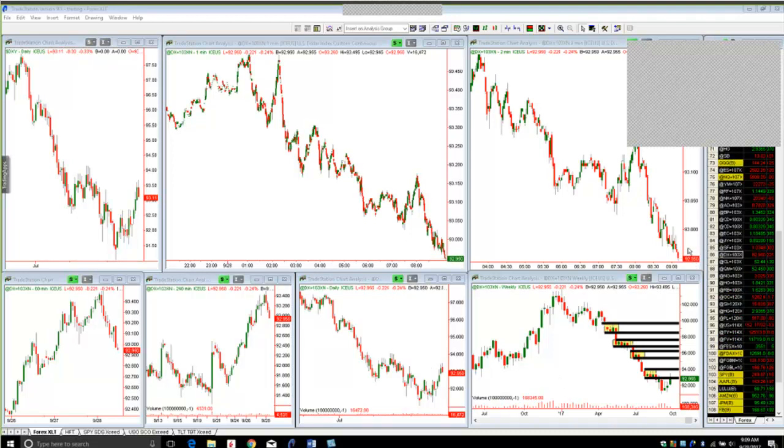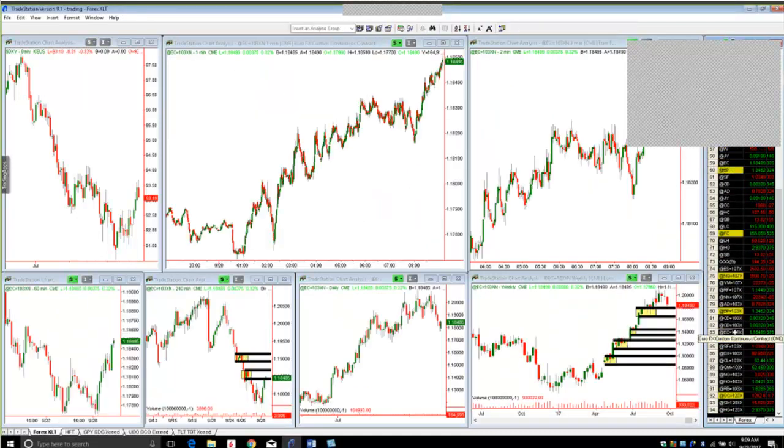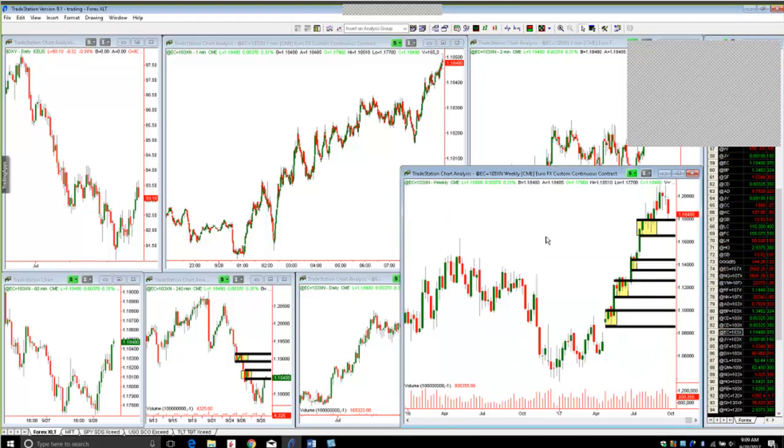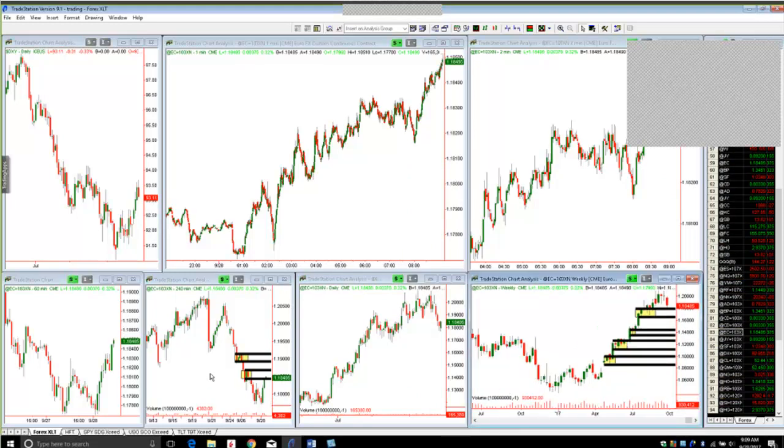All right. Let's keep going. Obviously, with that, the euro is rallying off of its weekly demand zone. There's our level. Don't need to spend too much time there.